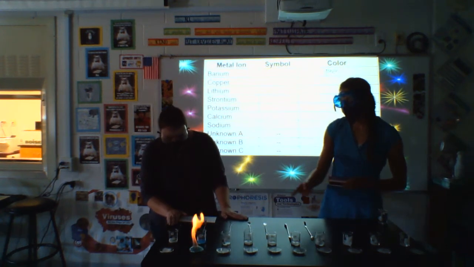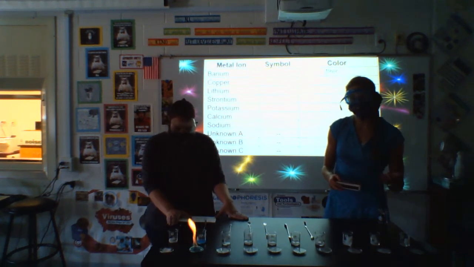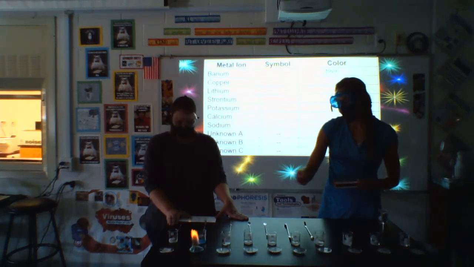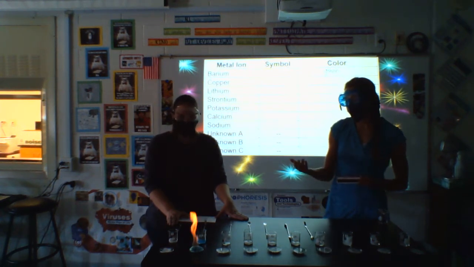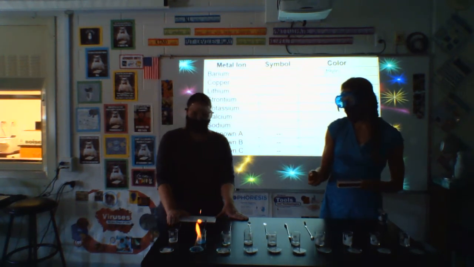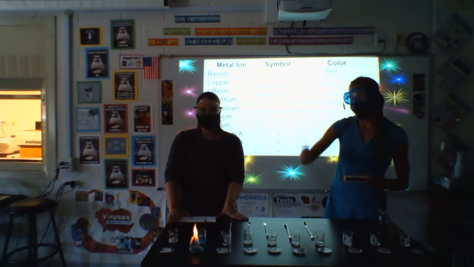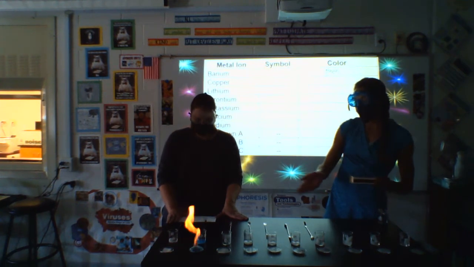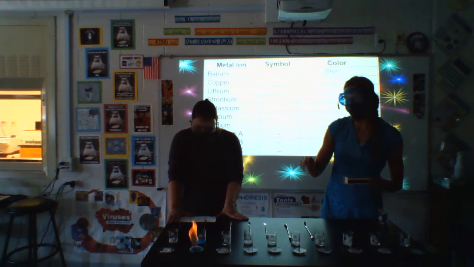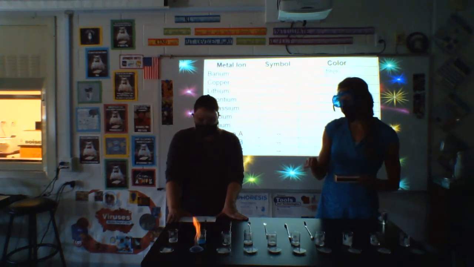Now, one of the interesting things is if you ever see a firework, and it has a green color in it, the firework has copper in it. So this is the same principle that we use when we make fireworks. These electrons in copper are going from the ground state to the excited state, and then as they fall back to this ground state, they're releasing that extra energy as a wavelength, and our retina is picking that up as green.